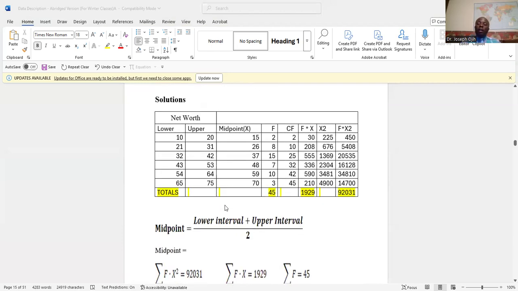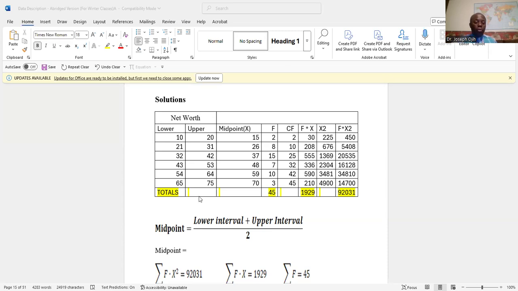In the example we did last week, to find the median, you arrange the data in ascending order of magnitude and pick the median from the middle. However, this one is group data, so we can only estimate the median. We will not get the exact value.